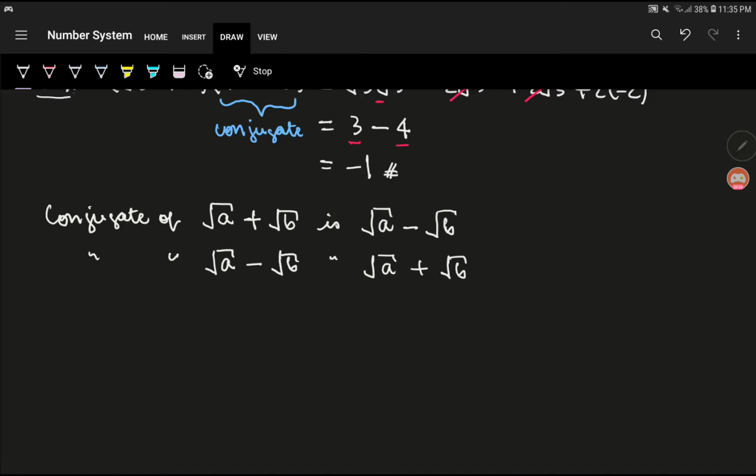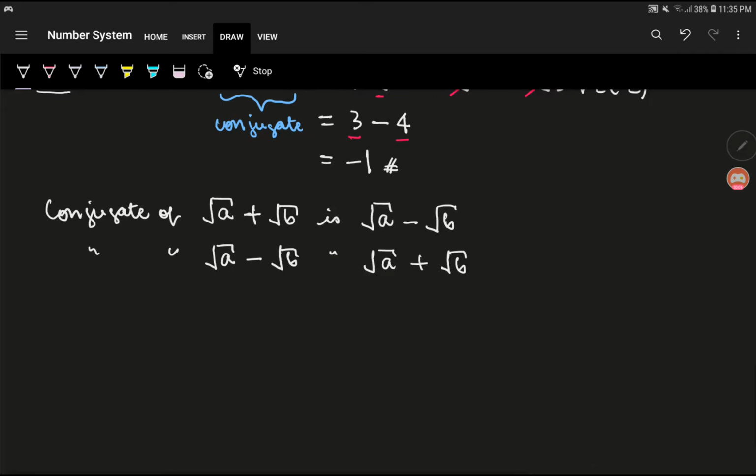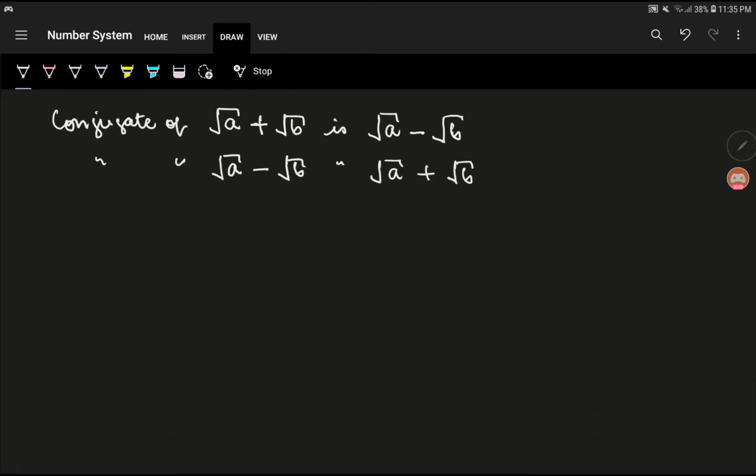Okay, so when we know the concept of conjugate, now we can talk about rationalizing the denominator. For this one I will take only one example.